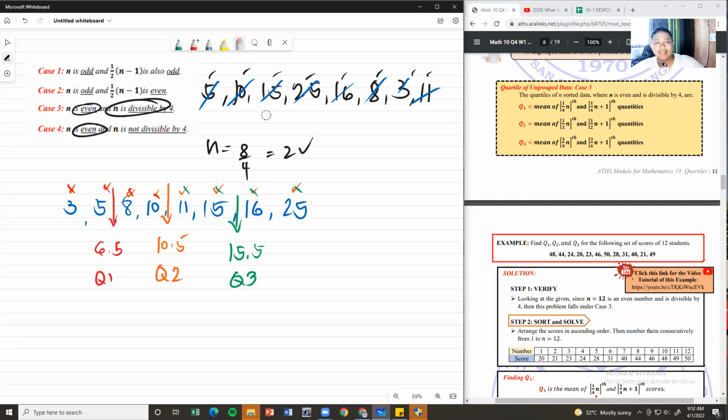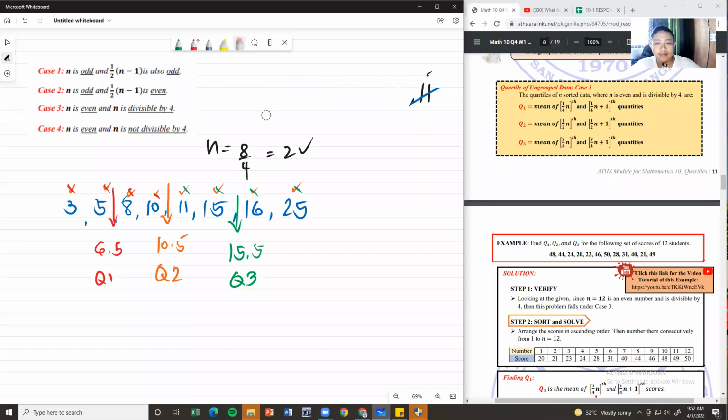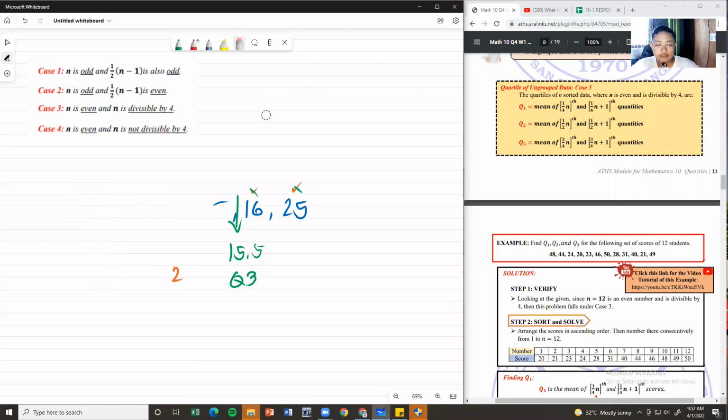And finally, our case number 4. How will this happen? If our n is divisible by 4, that's when we will apply our case number 4. How is that? Sample is this. Let's have this one.